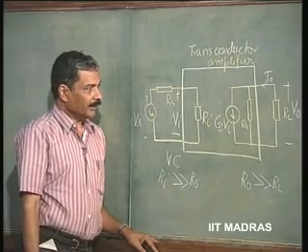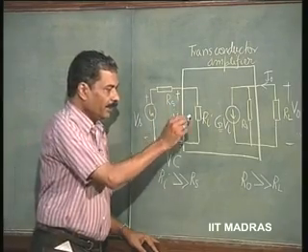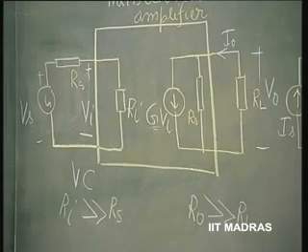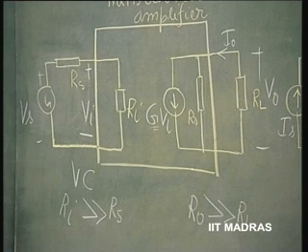So, basically a field effect transistor belongs to this category, and as I told you, a bipolar junction transistor, strictly speaking, the common base amplifier which we will see is a current controlled current source.